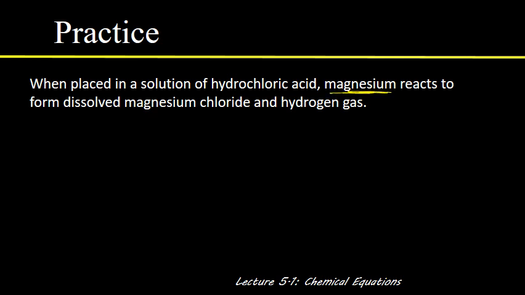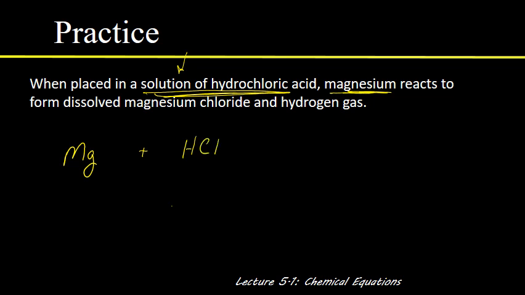All right, so magnesium placed in a solution of hydrochloric acid. So we're reacting the magnesium and the hydrochloric acid. So those are going to be our reactants. And a solution of hydrochloric acid, remember what we talked about in our nomenclature section.